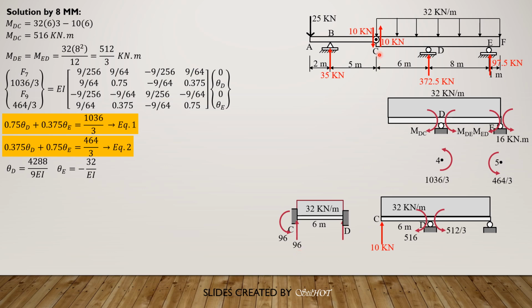Because there is already an upward load here, we have 96 for the vertical load. Supposedly the nodal force is 96 downward, but because there is an upward force here, the net nodal vertical load at C would be 86 downward. And because this is counterclockwise, we have clockwise at node 3.